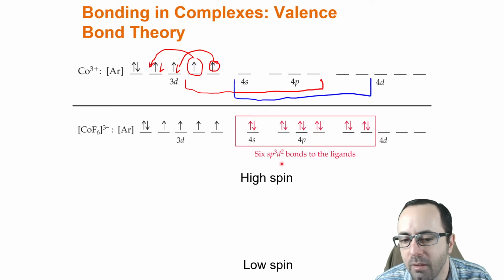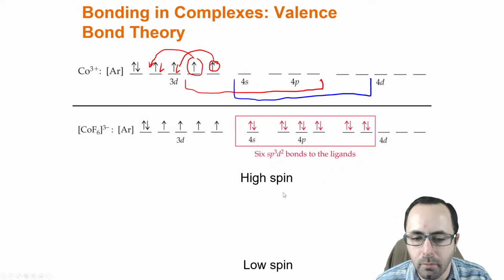And so this would be sp3d2 hybridization. And again, there are 6 ligands, so those provide the 6 pairs of electrons in red. 1, 2, 3, 4, 5, 6. And after the hybridization happens, these are all new orbitals. They're no longer s and p and d orbitals. They're hybridized orbitals.